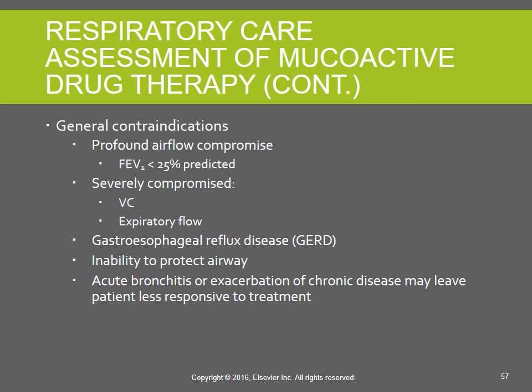Gastroesophageal reflux and the inability of a patient to protect their airway are risk factors for postural drainage. Caution should be used. Mucoactive agents should be discontinued if there is evidence of clinical deterioration, and patients with acute bronchitis or exacerbation of chronic diseases like cystic fibrosis and COPD may be less responsive to mucoactive therapy, possibly because of infection and muscular weakness.